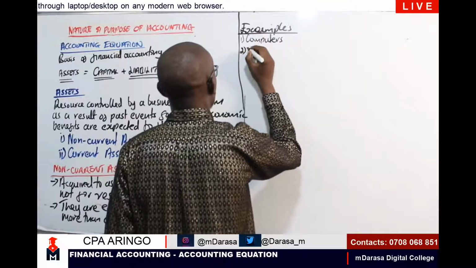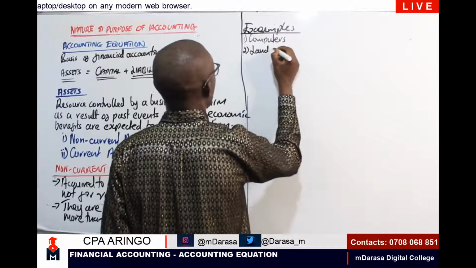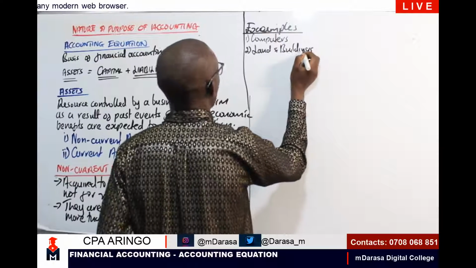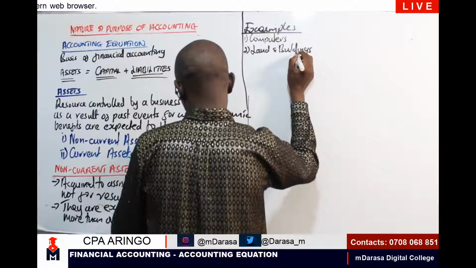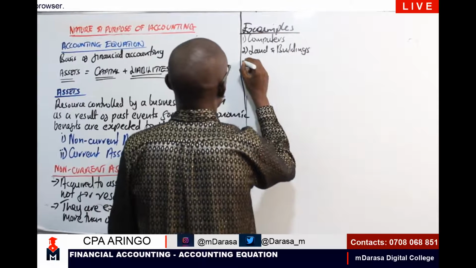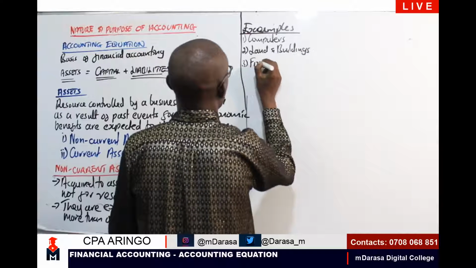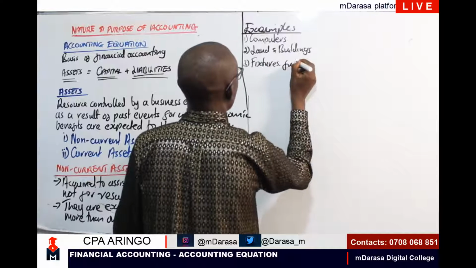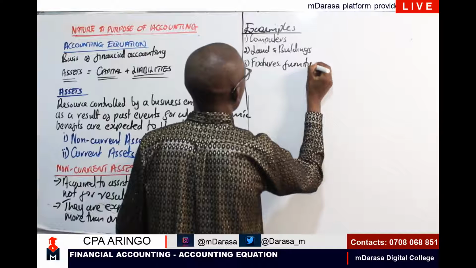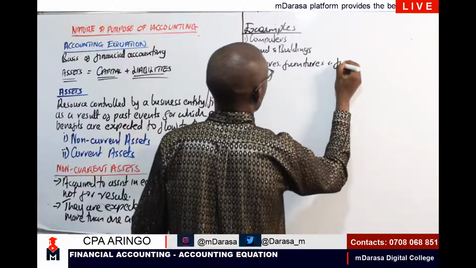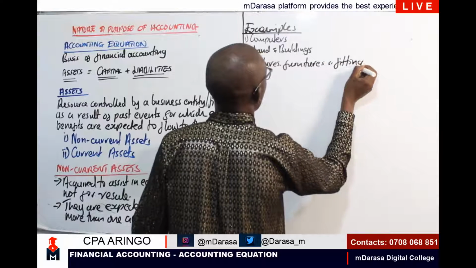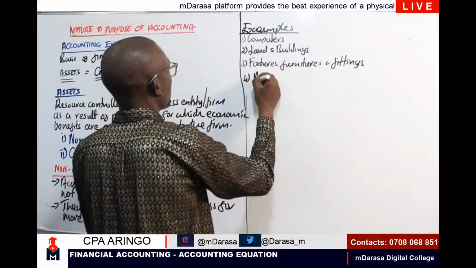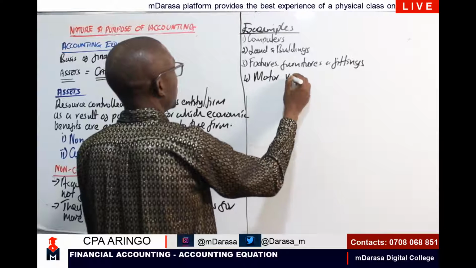Number two, land and buildings, if we do have. If I'm not selling them, fixtures, furniture and fittings. Talk about motor vehicles, etc.